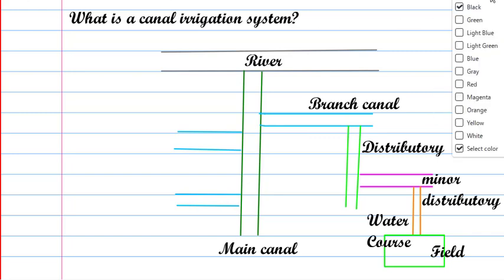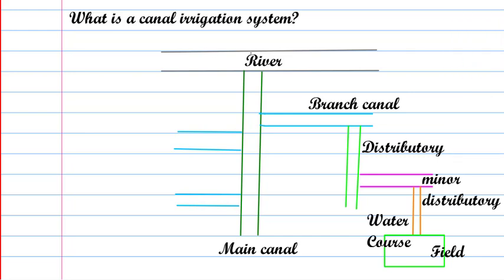So I hope you got these points. This is our river and water is flowing here. From the river, this is our source. We can call it source too, right?